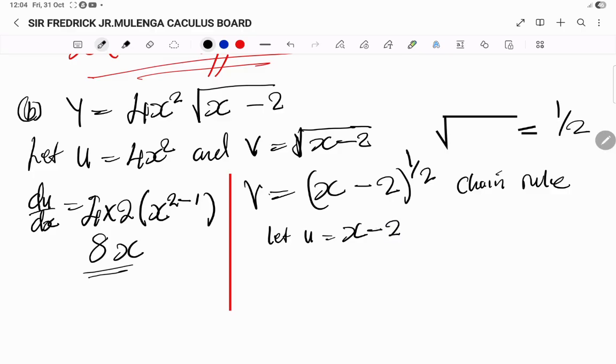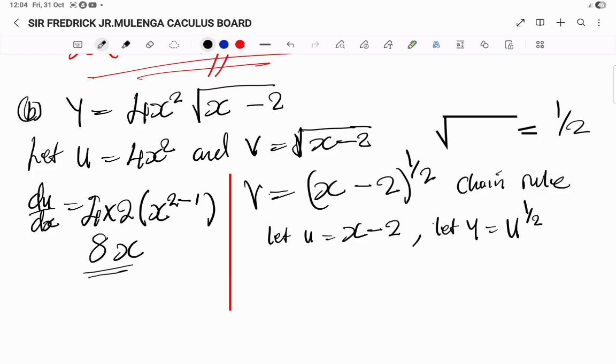Then I'll let y be u to the power 1 over 2. Okay, so now we are good to go.